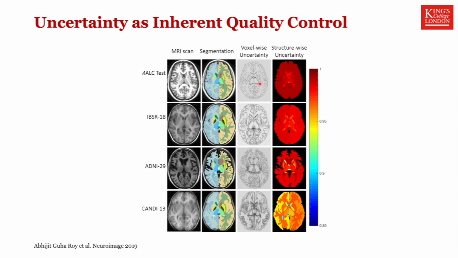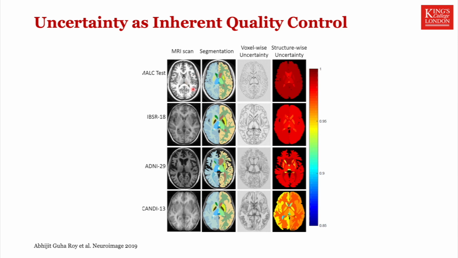However, you can calculate the structure-wise uncertainty. You can integrate what this uncertainty would be for each one of the structures and average it over that structure. If you do that, you're projecting errors that exist around boundaries to a measure of uncertainty that exists at a structure level.